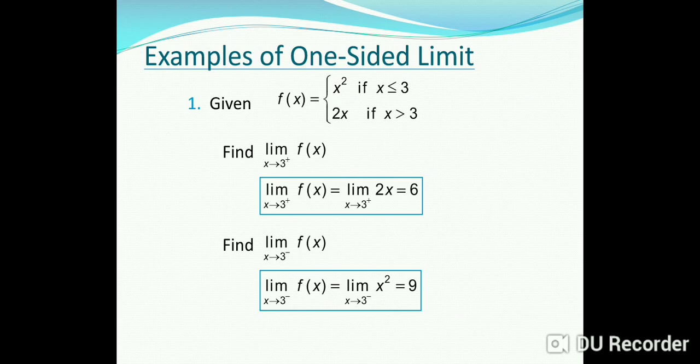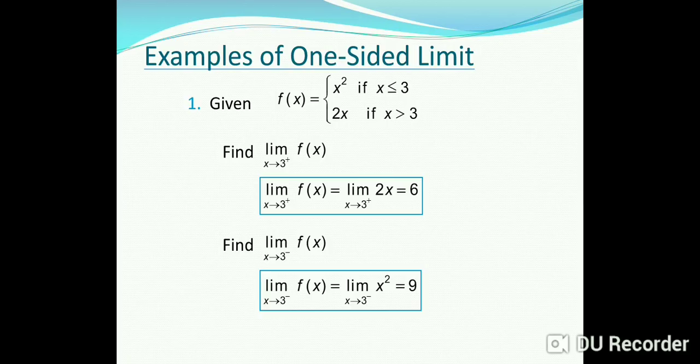For that we consider the function 2x, since for the value 2x the x is greater than 3. So we consider the value of f(x) as 2x. Therefore limit of f(x) as x tends to 3 plus is equal to limit of 2x as x tends to 3 plus, which is equal to 6.